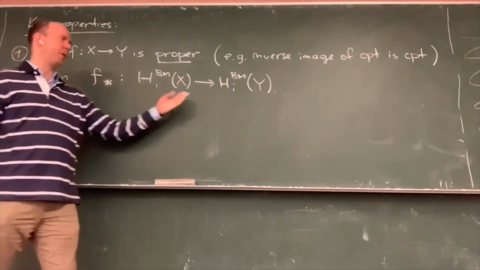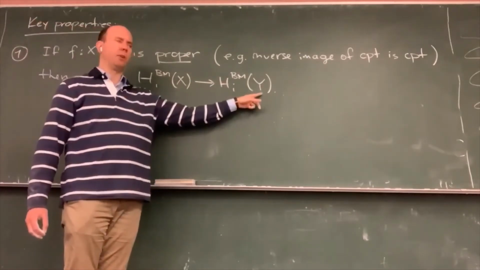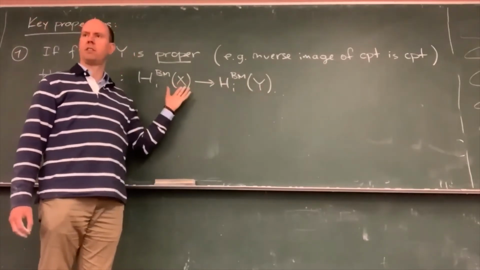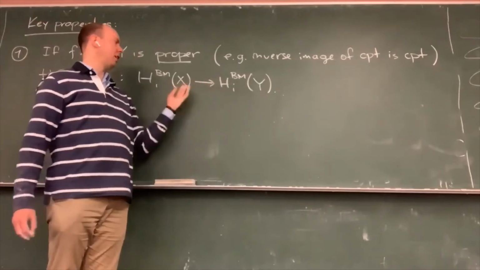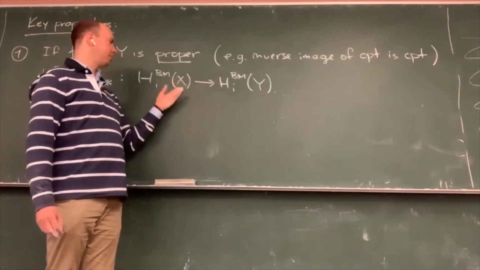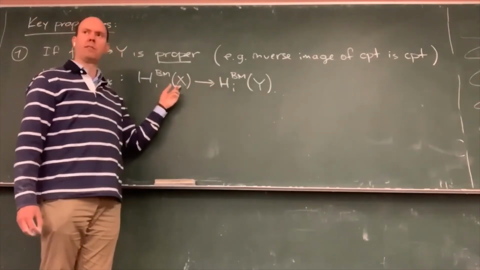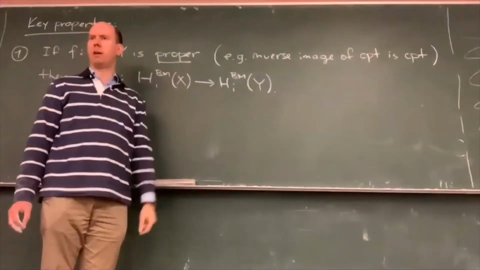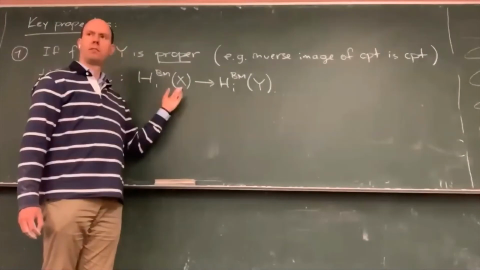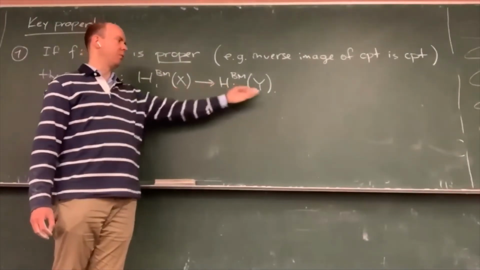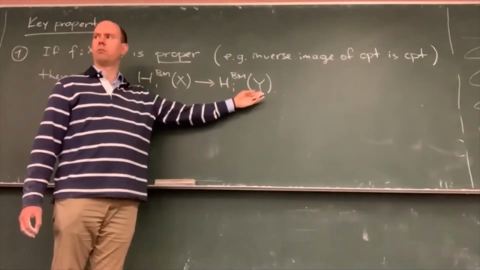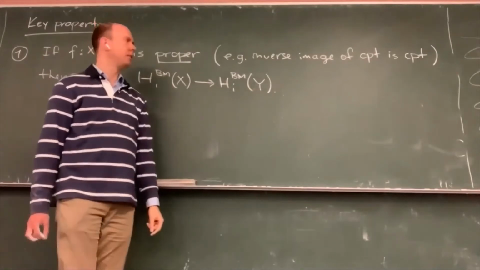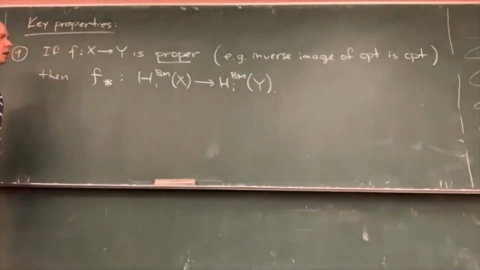But if the map is proper, then for every point in Y, the inverse image is a compact set in X. So since the chain here was locally finite, on this compact set, there'll be only finitely many simplices that you need to care about. So what you get here is still locally finite. Okay, so we do have push forwards, but only for proper maps.